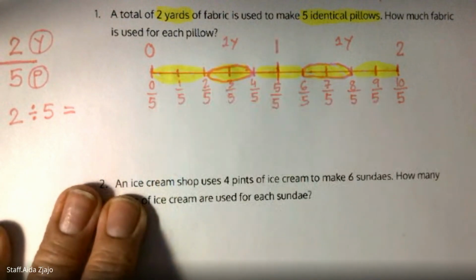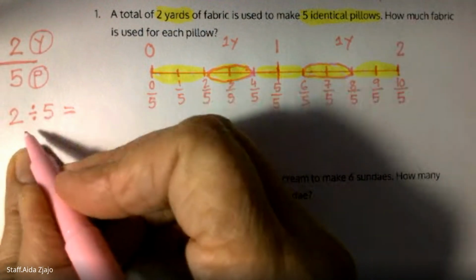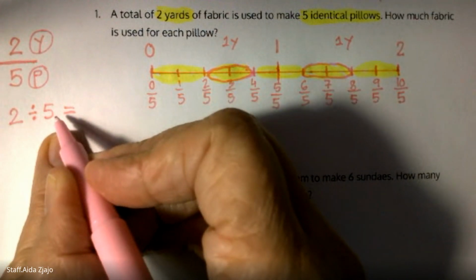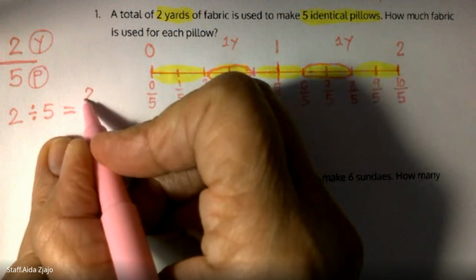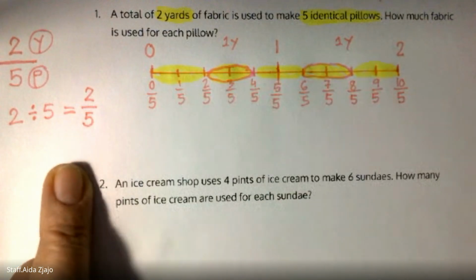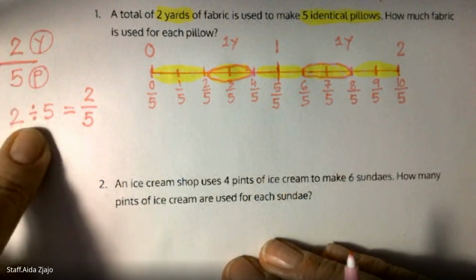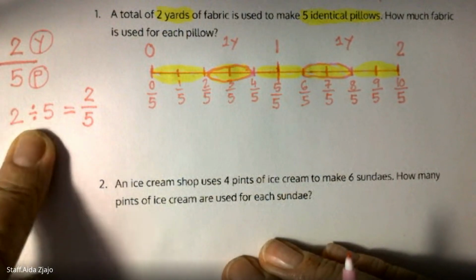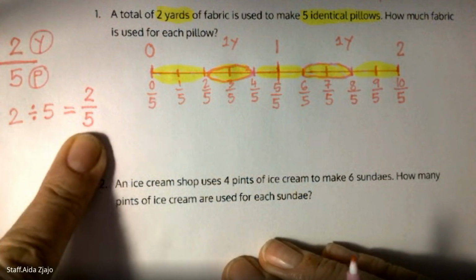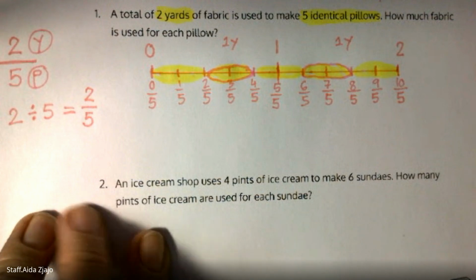So 2/5 of the yard. You can change 2 divided by 5 to 2/5. You can change from the fraction to division representation, or from division representation to fraction. Now we need to answer in a word sentence.